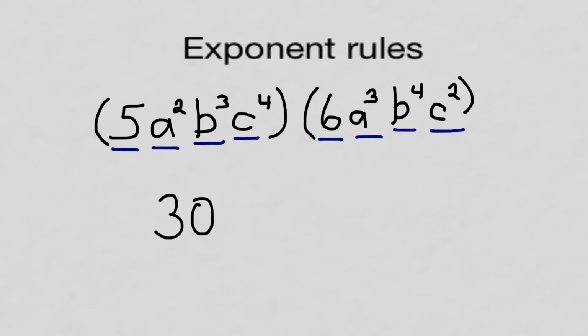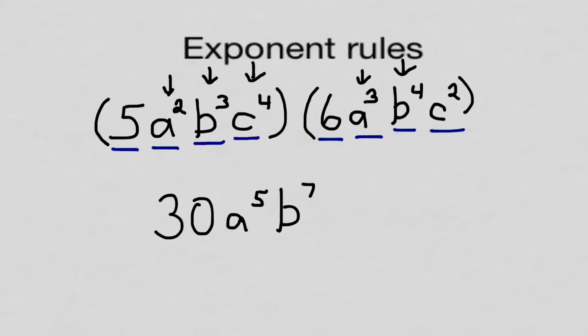All right. A squared times A cubed is going to give me A to the 5th. B to the 3rd times B to the 4th is going to be B to the 7th.